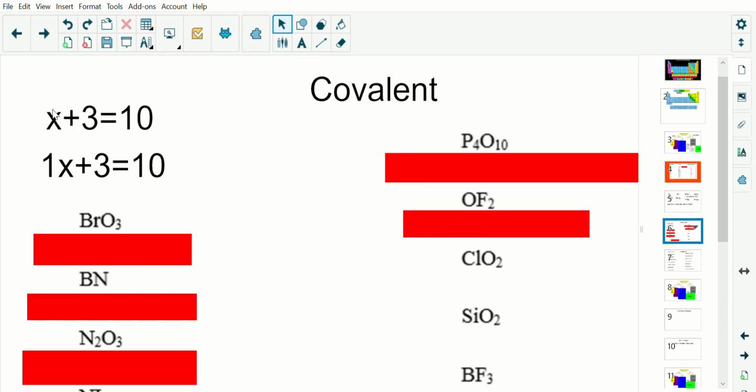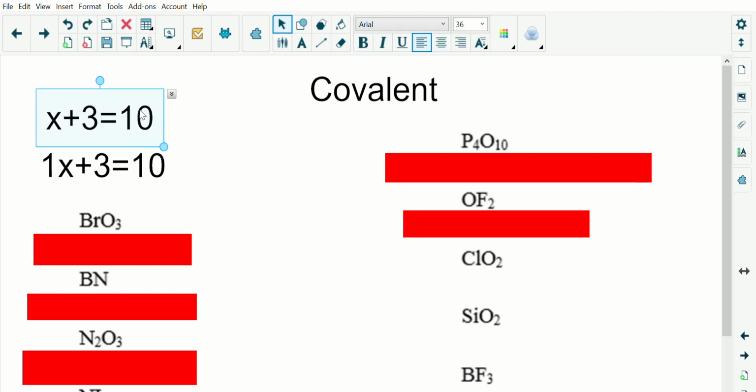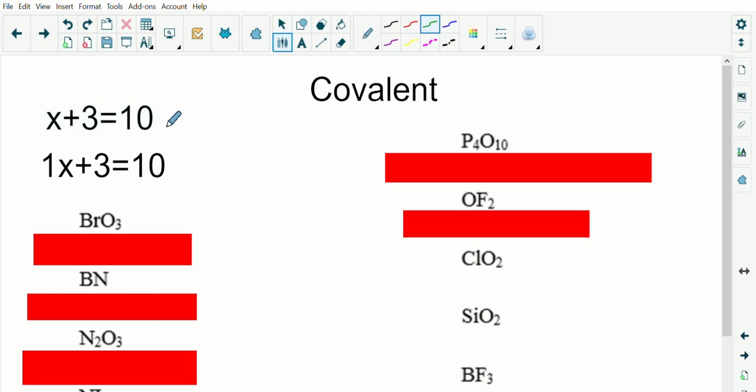If you're speaking and you see x plus 3 equals 10, you're going to say x plus 3 equals 10. You would not say 1x plus 3 equals 10, because that 1 is redundant. For that reason, in chemistry, we don't say one of something. We just say what it is.